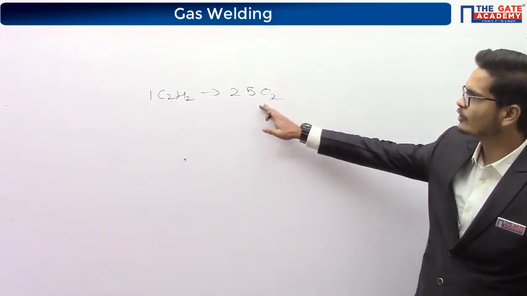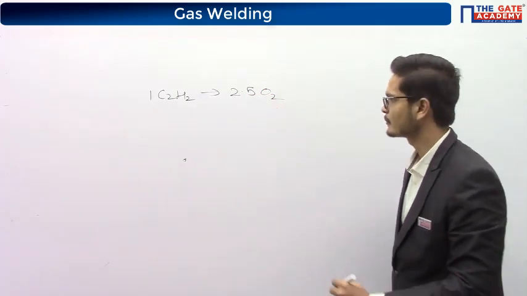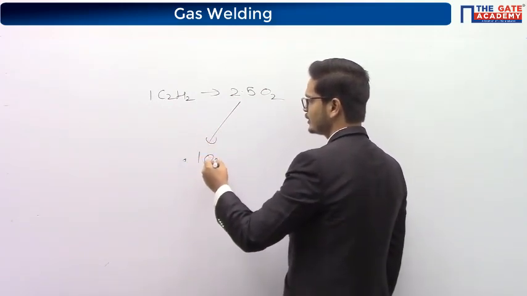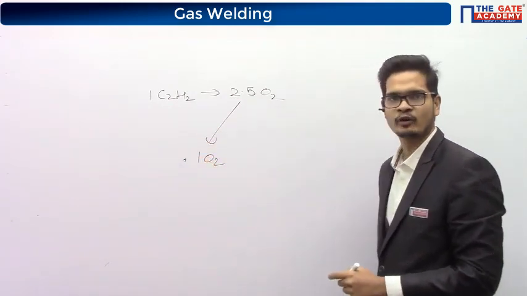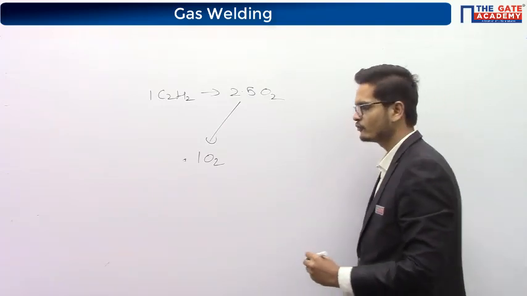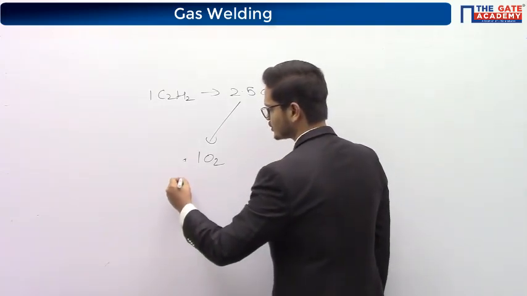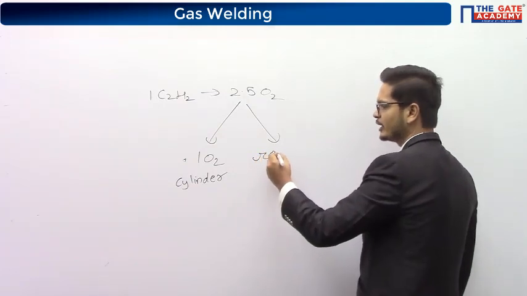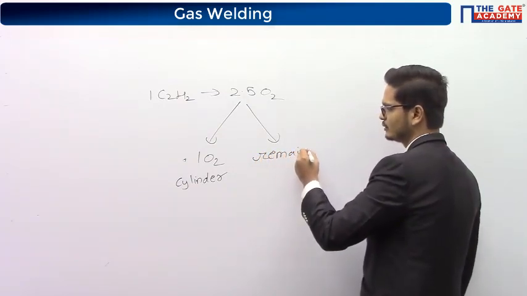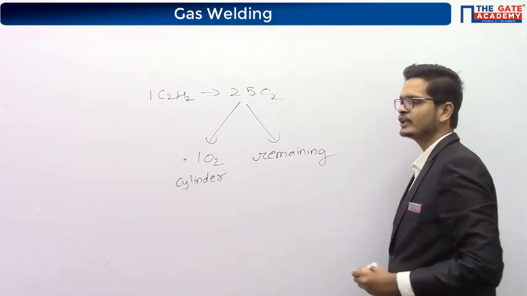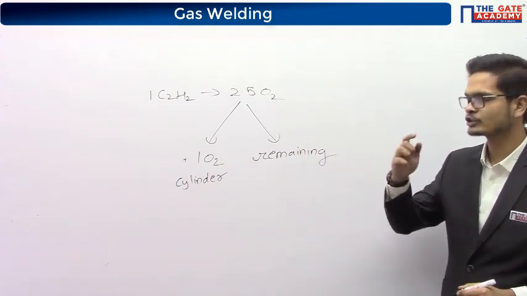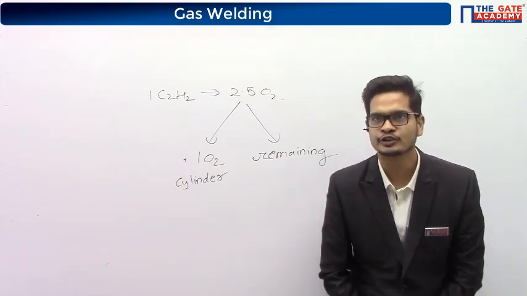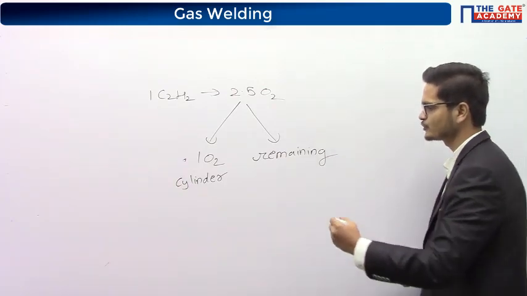Out of this 2.5 oxygen, only one mole of oxygen I am taking from the cylinder, and the remaining, where will I get it from? Atmosphere. The remaining will come from the atmosphere.